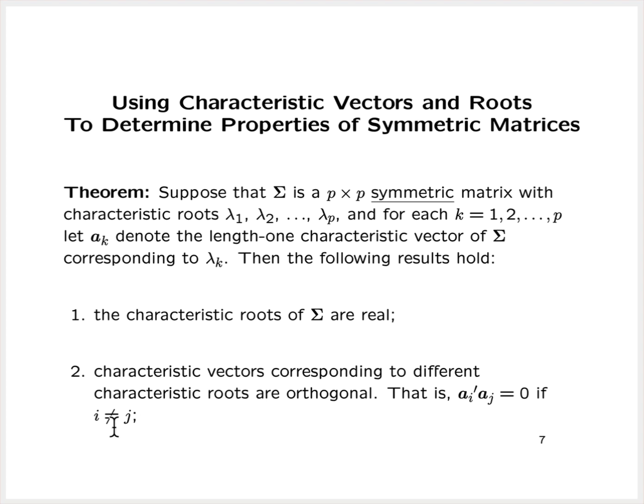So for i not equal to j, characteristic vectors corresponding to different characteristic roots, a sub i prime, the transpose of a sub i, times a sub j would be 0. This is how we would compute the inner product of those two vectors, and it is the mathematical definition of vectors being orthogonal.